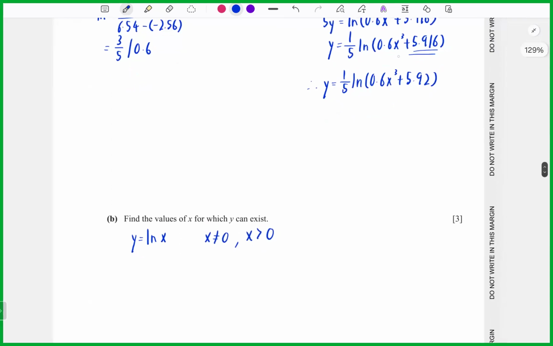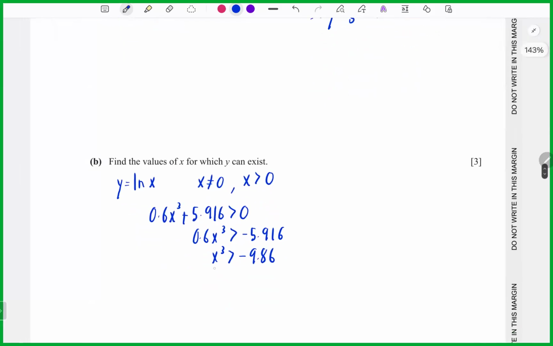So we take 0.6x cubed plus 5.916 more than 0. So you can write 0.6x cubed more than negative 5.916. Why do I use 5.916 again here? Because I don't want to round off the answer too early. So I will get x cubed more than negative 9.86.